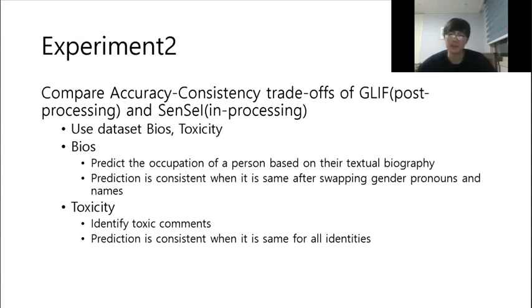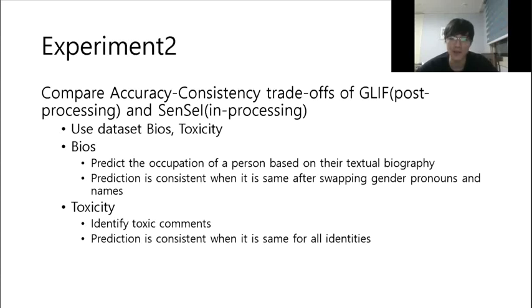And the second experiment compares the accuracy and consistency trade-off of GRIF, that is post-processing, and SEN-SEI, that is in-processing. In addition, the D-Works algorithm cannot be applied to this experiment because of poor scalability, because this data set is too large, having a large dimension, I mean. They use the datasets bias and toxicity.